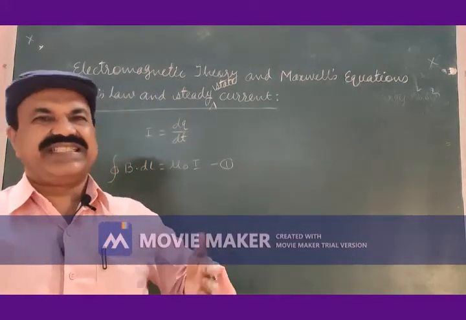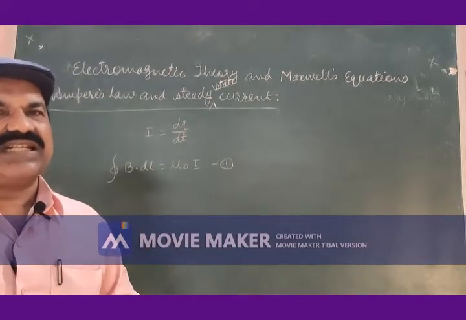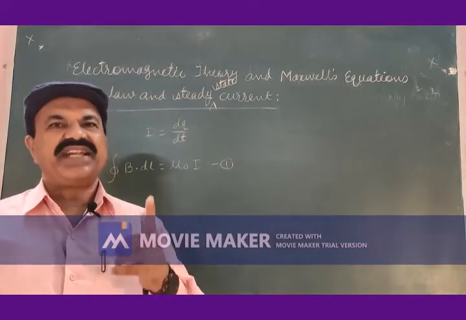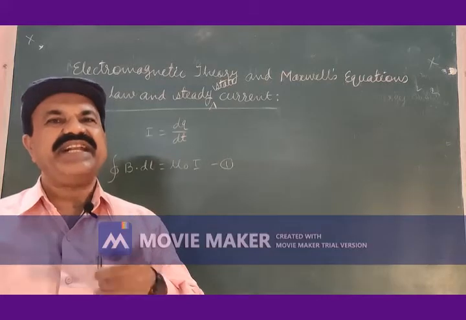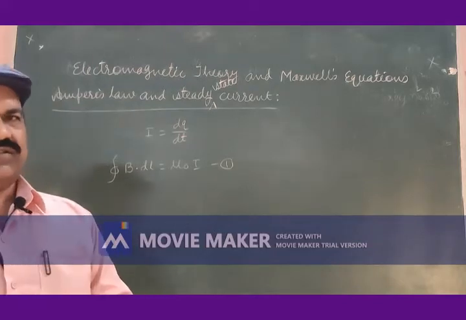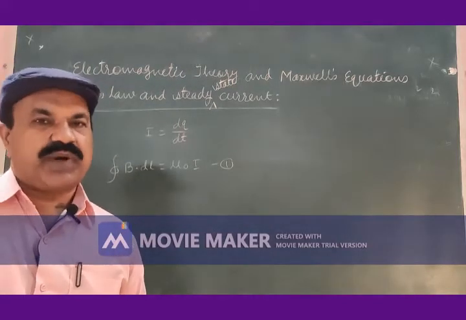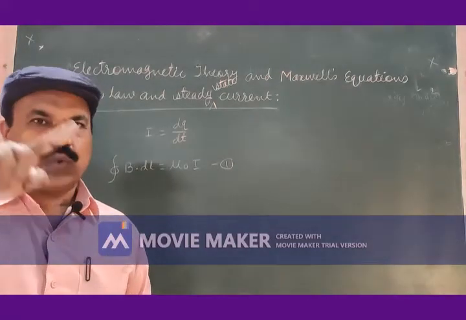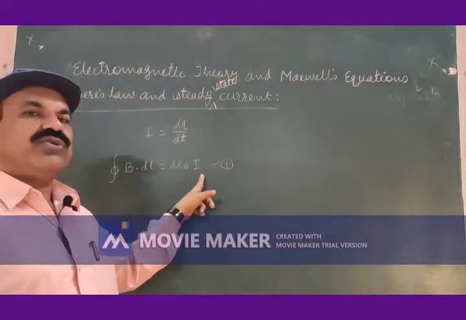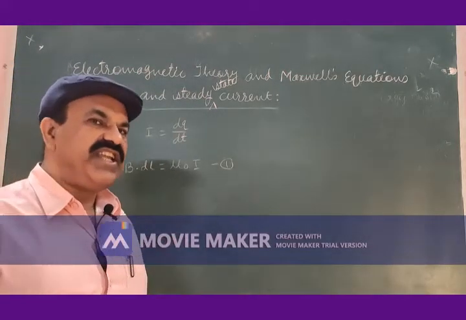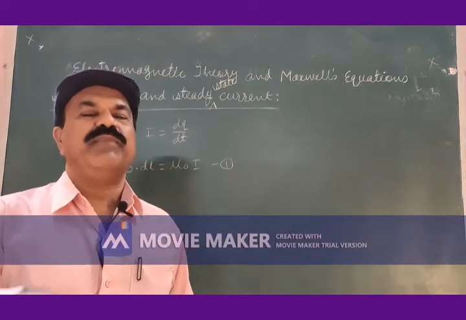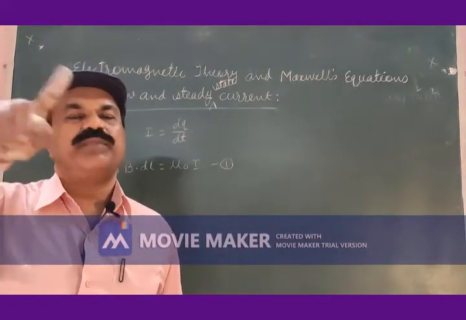Ampere's circuital law states that the line integration of magnetic induction, or magnetic field induction, around a closed path is always equal to mu 0 times I, the steady state current enclosed by the closed path.